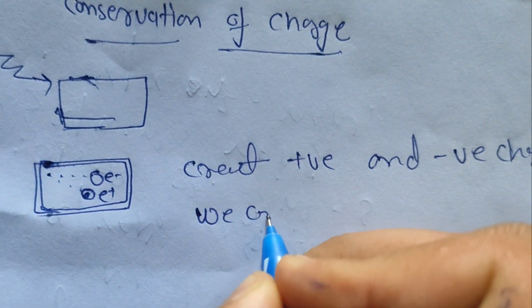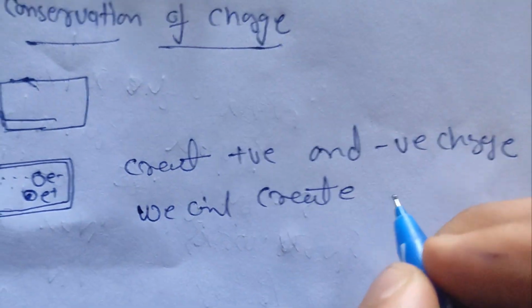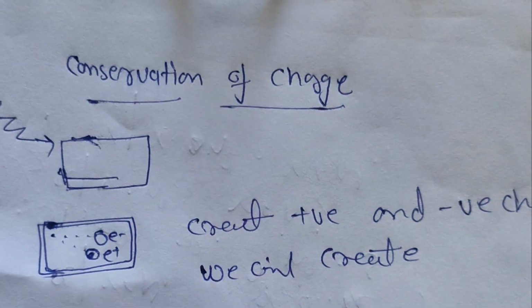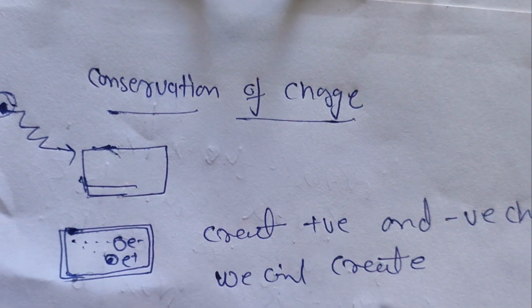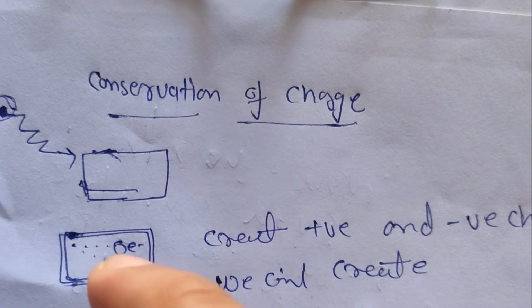So it means the conservation of charge definition says that we can't create an individual positive ion or negative ion. If a photon is divided, it is pair creation.